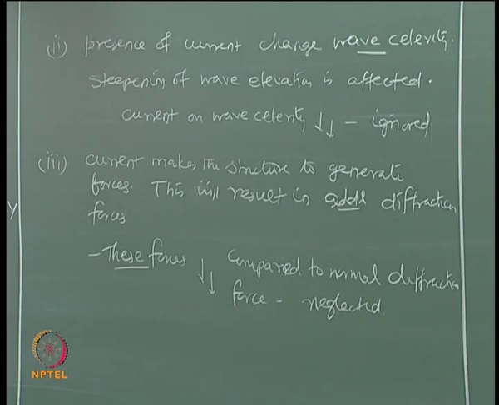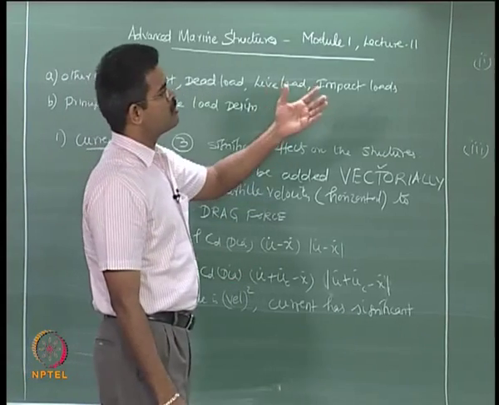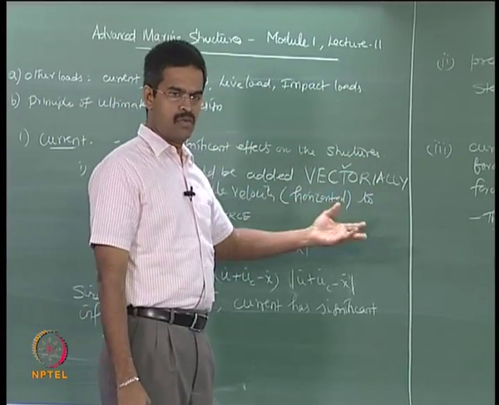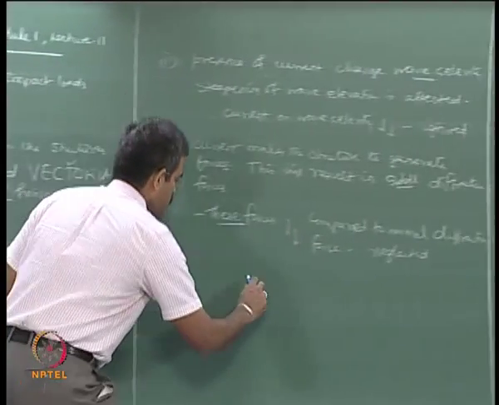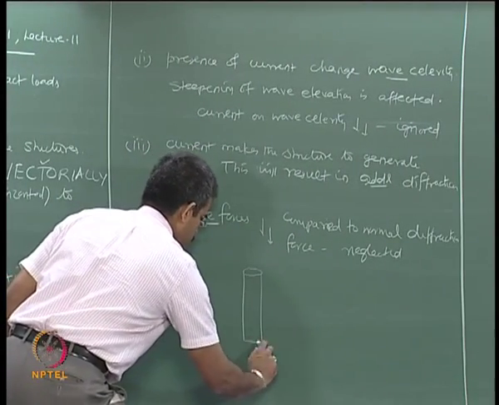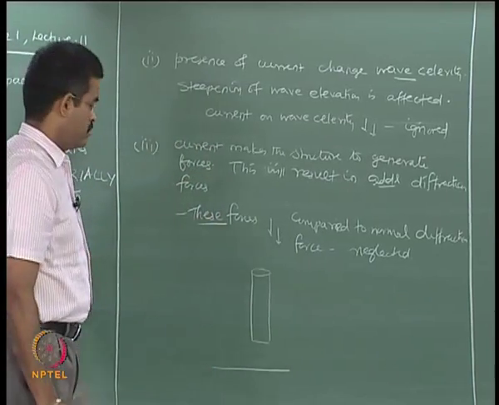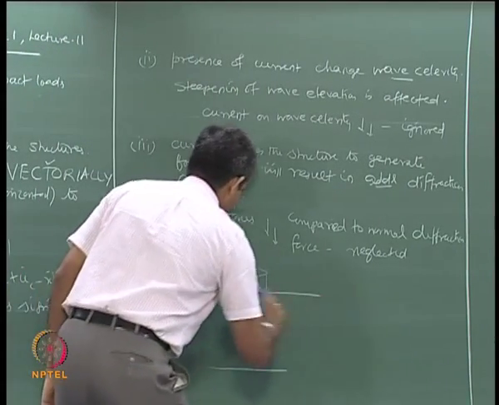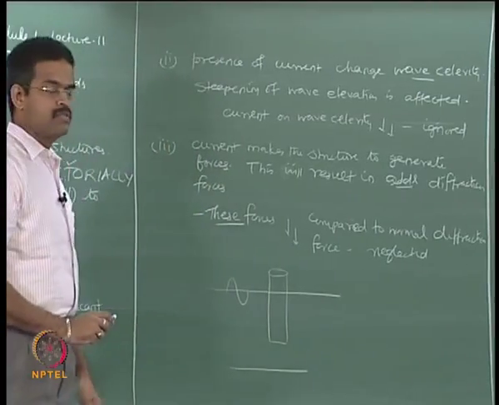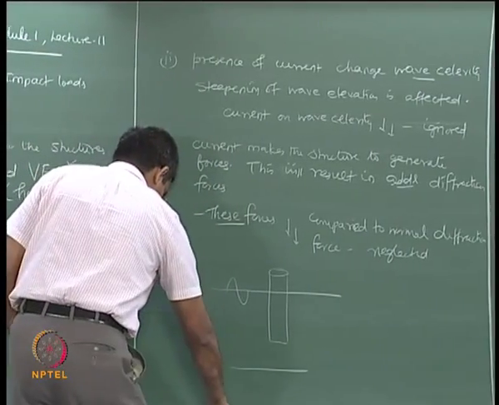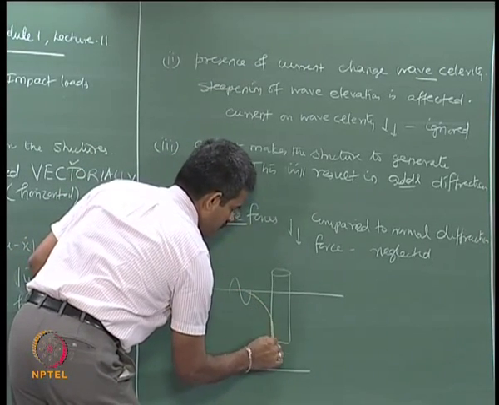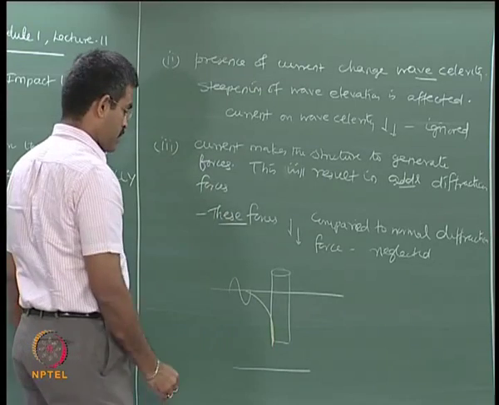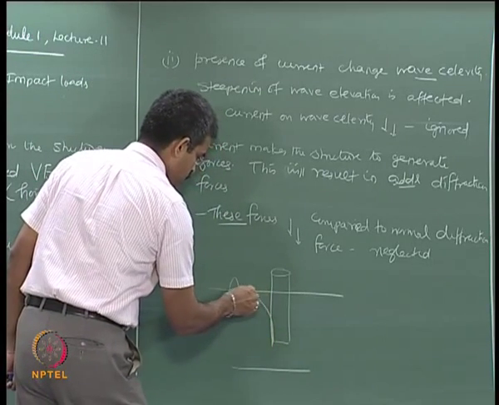So these are the three consequences of current as a force on a marine structure, out of which cases 2 and 3 are generally ignored in the literature, as they are not important. Why is the first one important? Because if you look at any structural member, floating or bottom supported, with the still water level or mean sea level at the top, you will see that the horizontal wave velocity is practically 0 as you increase the depth, whereas it is maximum near the mean sea level.